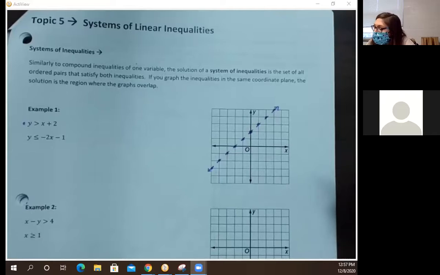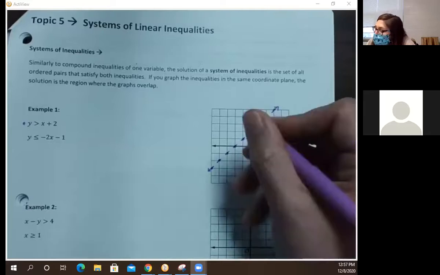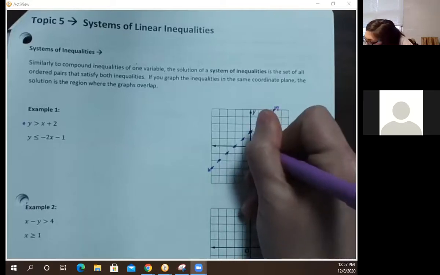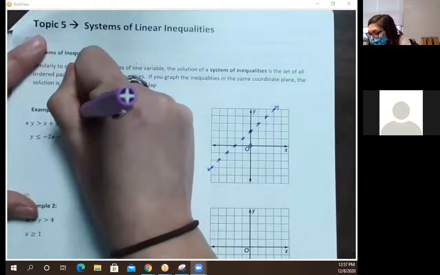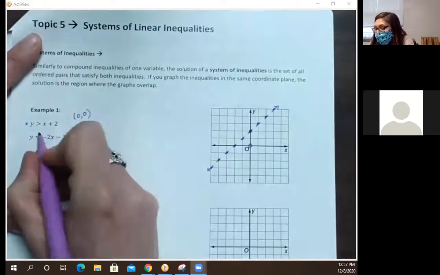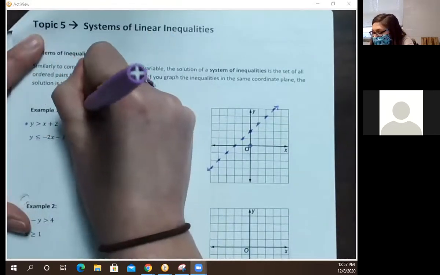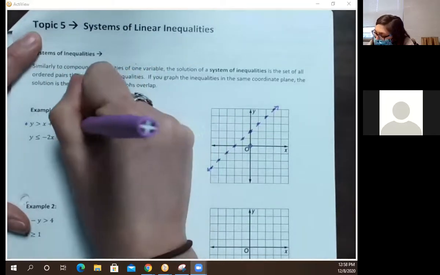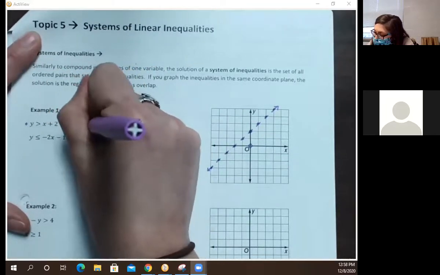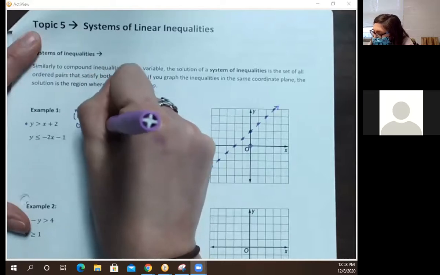So I'm going to, again, pick a point that is not on the line. I like to pick 0, 0 if I can. So I'm going to take 0, 0, and plug those x and y values into my inequality. So this would be 0 is greater than 0 plus 2.